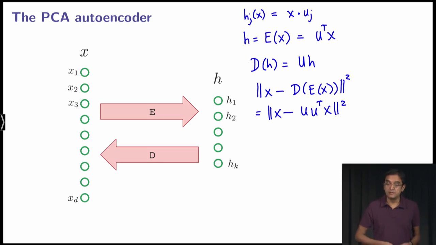And it turns out that what PCA is doing is finding the projection that minimizes this reconstruction error. Okay, so once again, PCA is an optimal autoencoder of this particular form.